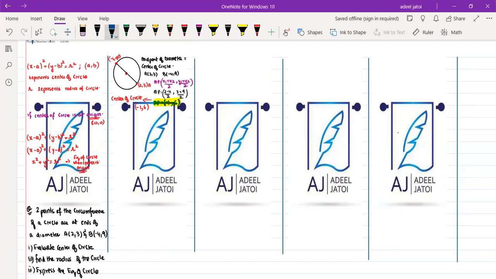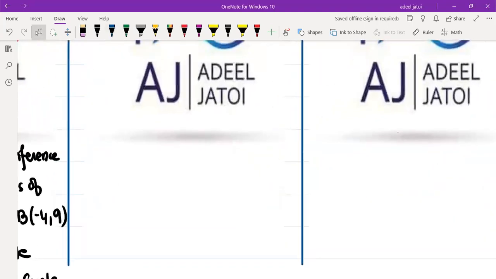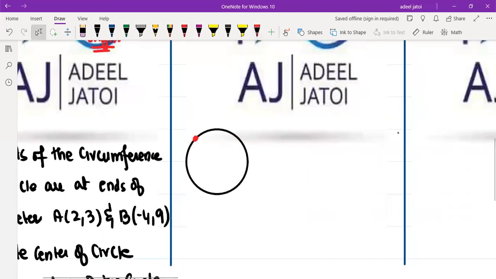To find the radius of the circle, if we have a circle that is given and we know the coordinates, the coordinates are (−4, 9) and (2, 3). When we calculated the midpoint, we got (−1, 6).